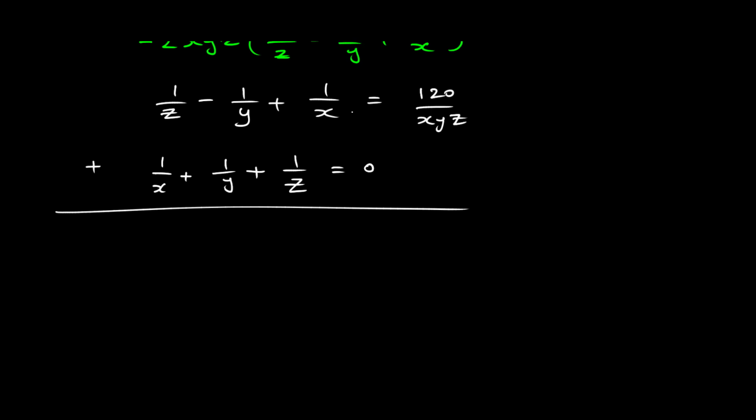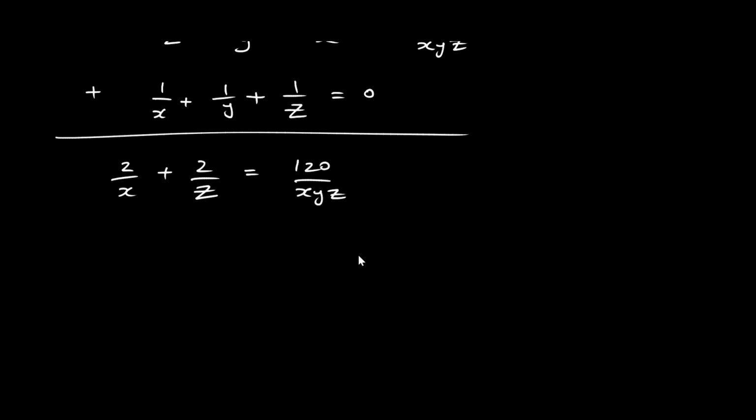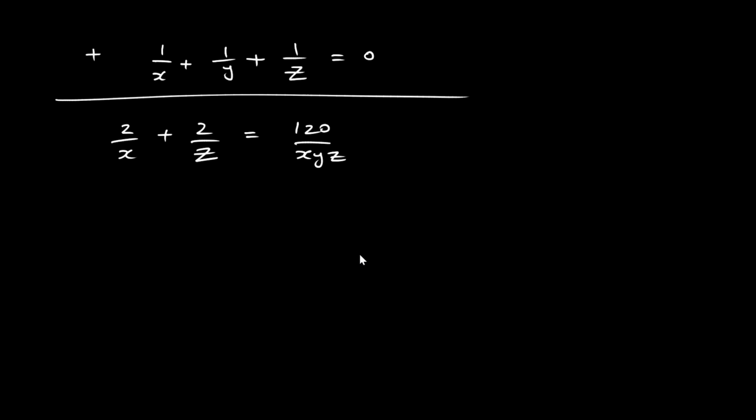So 1 over x would actually now become 2 over x. And as you can see, the y terms would be cancelled. And this is now equal to 120 over xyz. All right, so we're at a great start.